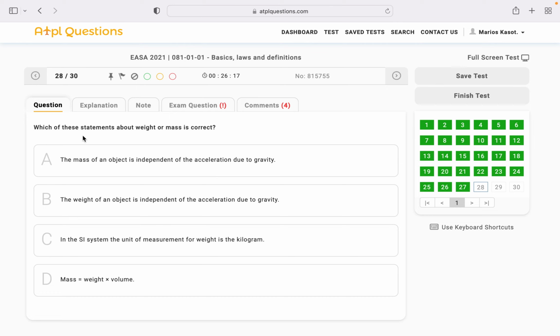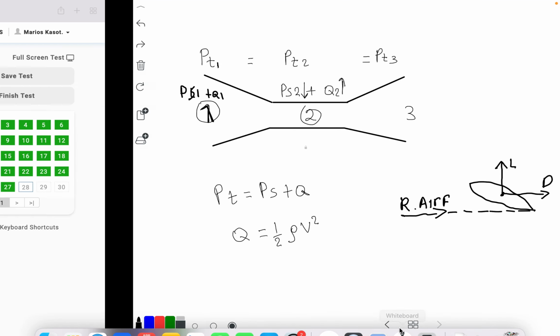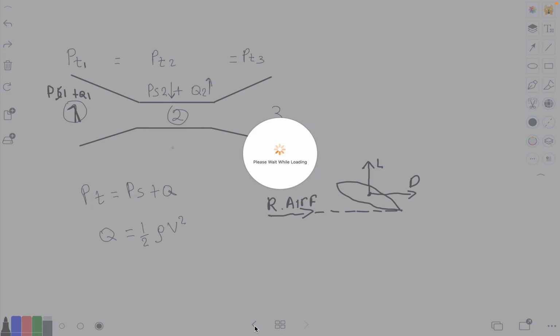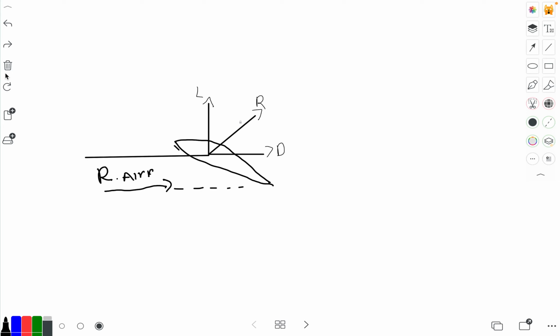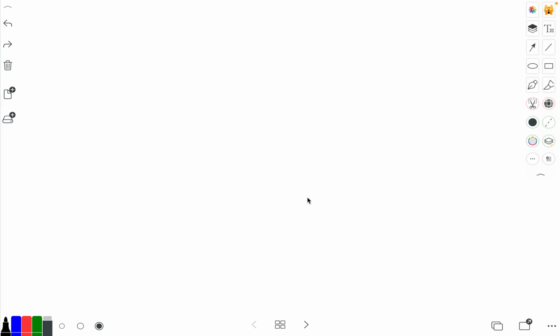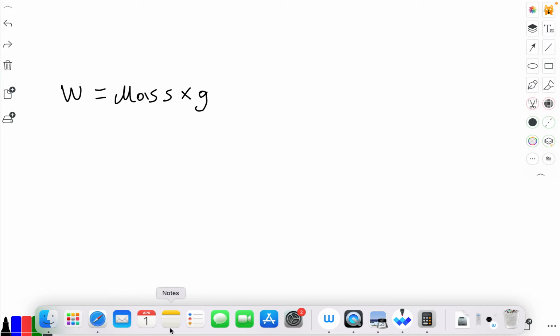Which of these statements about weight or mass is incorrect? One more time. Weight equals mass multiplied by the acceleration of gravity.